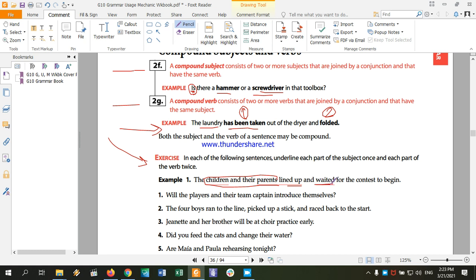This is the compound verb. So both of these two separate groups have done the same two verbs. Both of them have lined up and have waited as well.